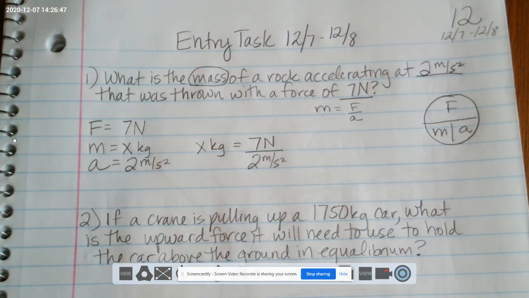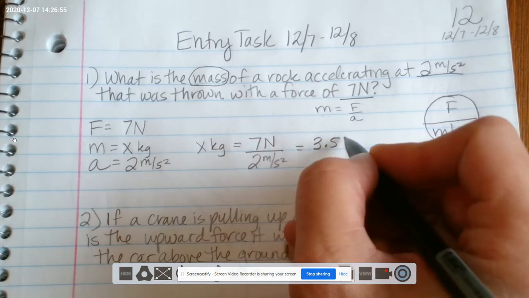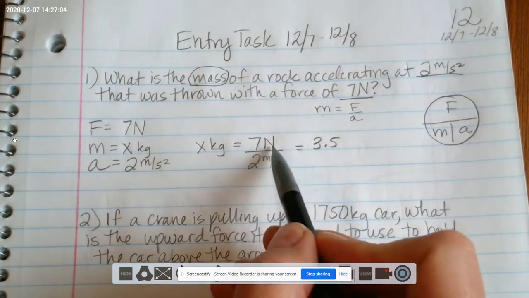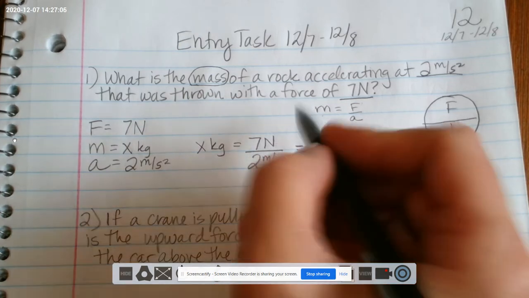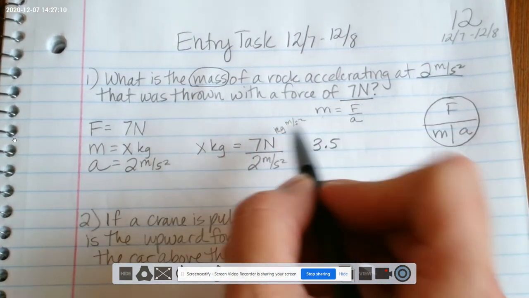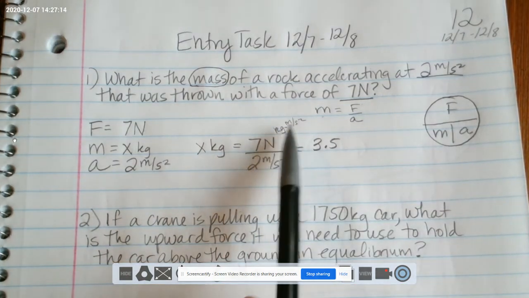What's nice about this is it was a simple problem. You could probably do it in your head. 7 divided by 2 we know is 3.5. And we know we need kilograms because that's the unit for mass. Well, let's talk about how we get kilograms. Remember what a newton is. A newton is a kilogram meter per second squared, because to get to a newton, you have to multiply a mass by an acceleration.